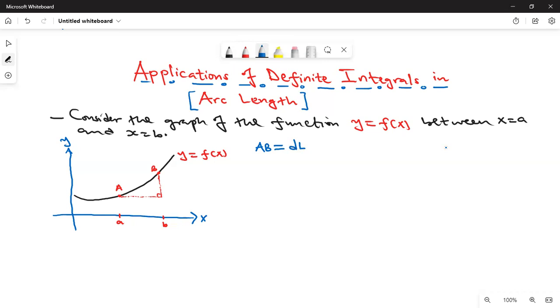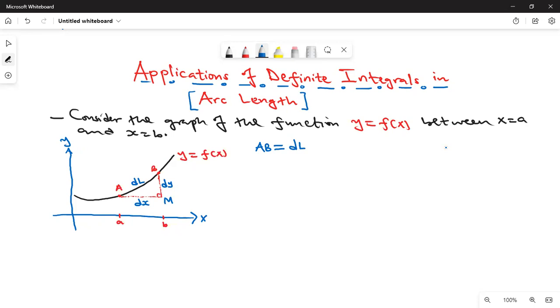Let's say this is a point, we can call it point M, so that A to M, we denote by dx, a change in x, and this other side is change in y. This one is change in L. We have taken a very small portion on the graph of y equals f of x.